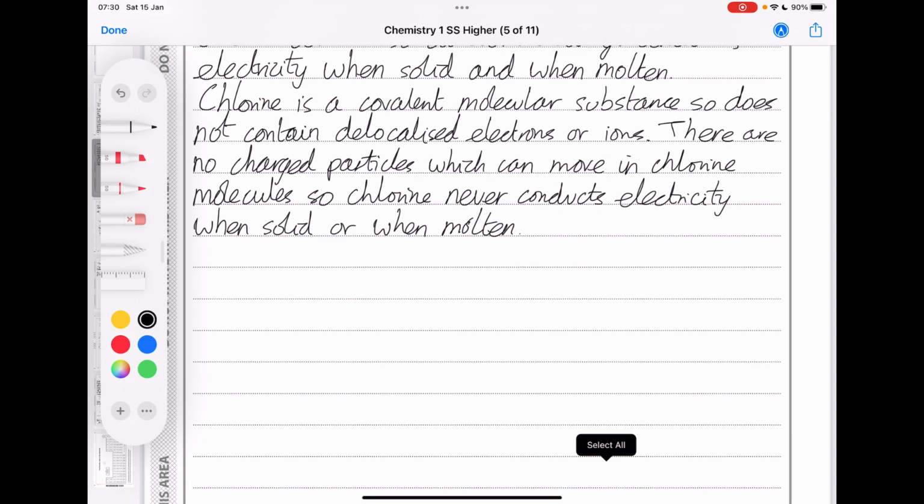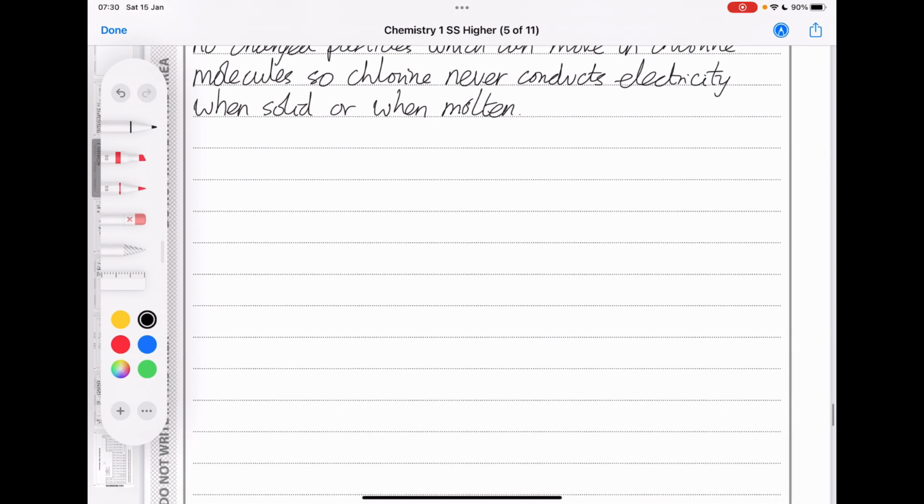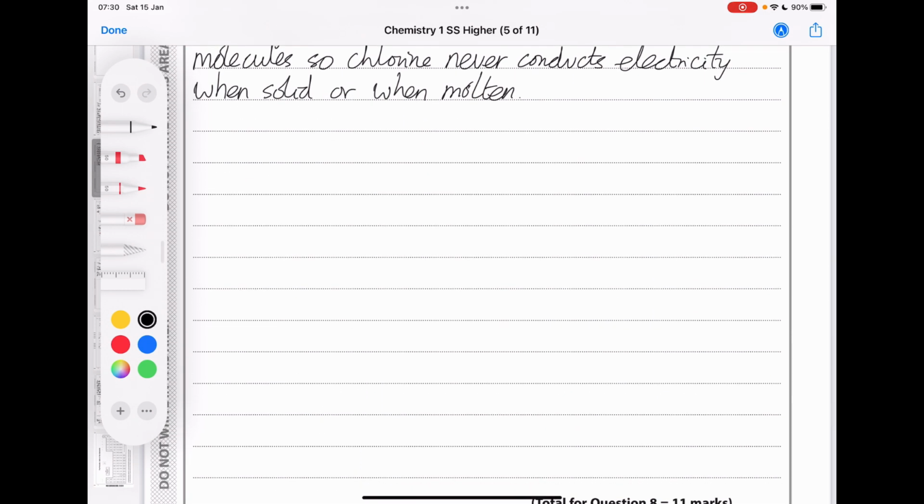Lastly, calcium chloride. Calcium chloride is ionic. Again, linking back to the bonding and repeating it. And contains ions.